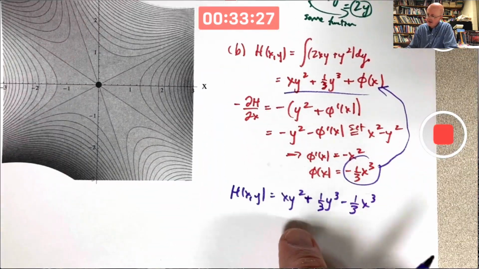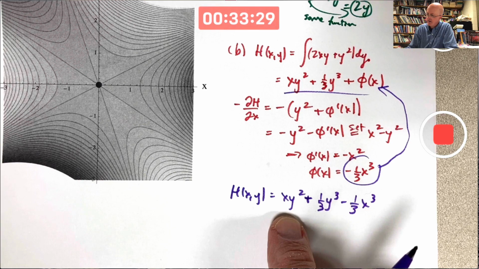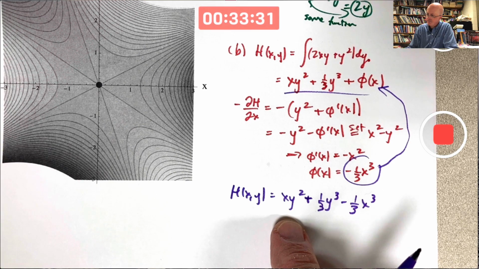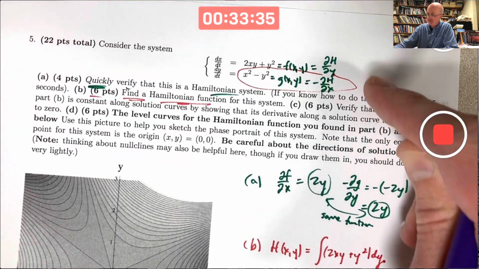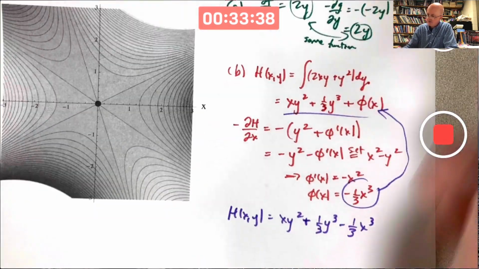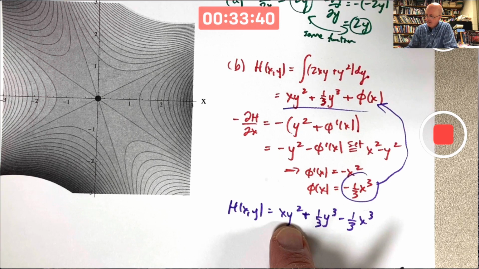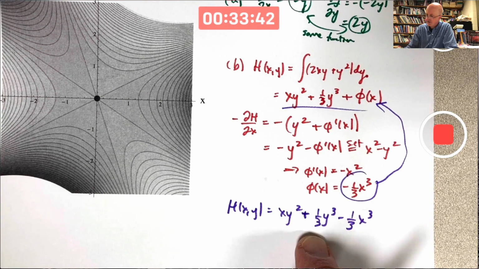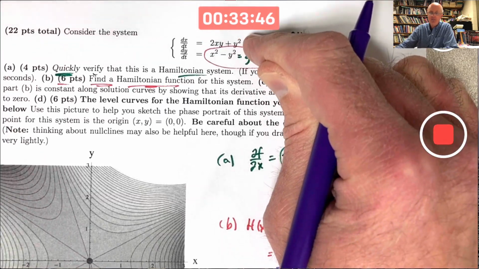Partial of this with respect to y is what I need to do first. The right-hand side up there is 2xy. That differentiates to 0. This differentiates to y squared. 2xy plus y squared matches that.